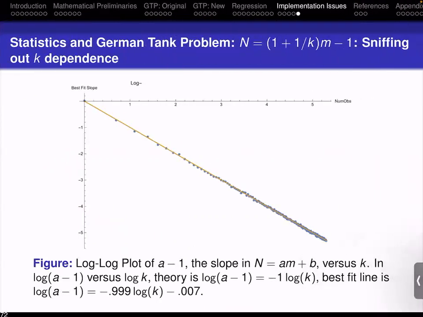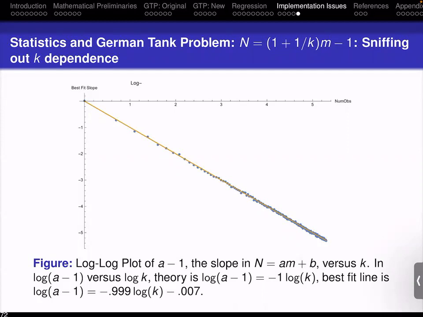And so when I do that, I could plot the log of A, but I know A has to be 1 plus something, right? I'm not going to have fewer tanks than the highest observed. So I'm going to plot A minus 1. That's the only common sense thing I'm allowing myself to do.